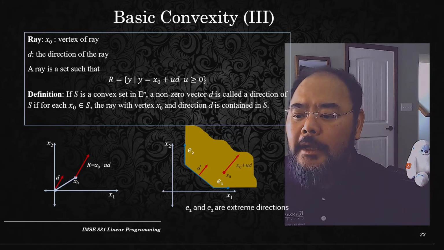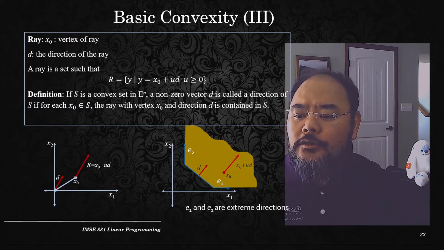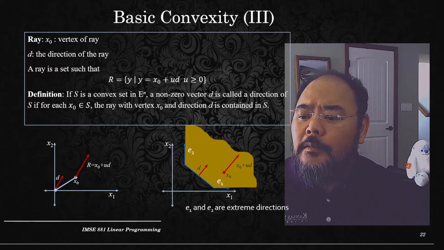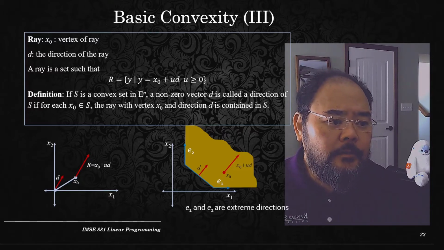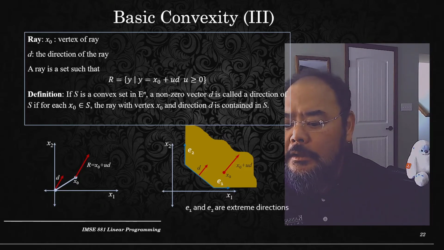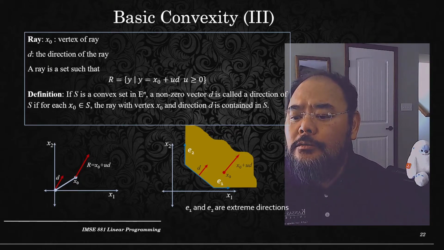Definition of a ray. We start talking about the definition of a ray. A ray basically has two components: a starting point, which we call the vertex of the ray, x naught, and a direction of the ray.